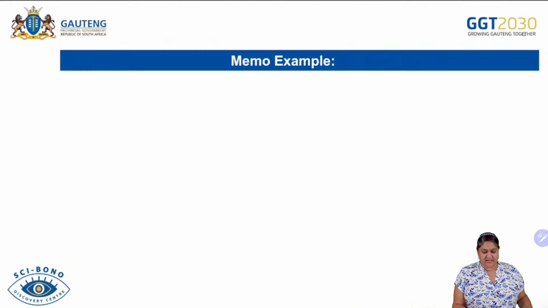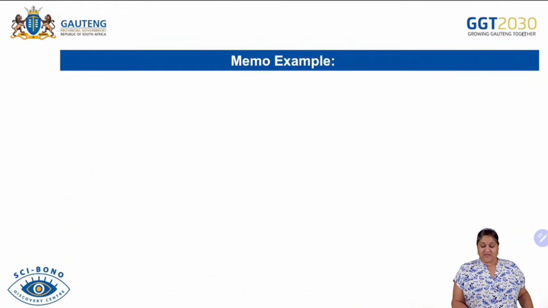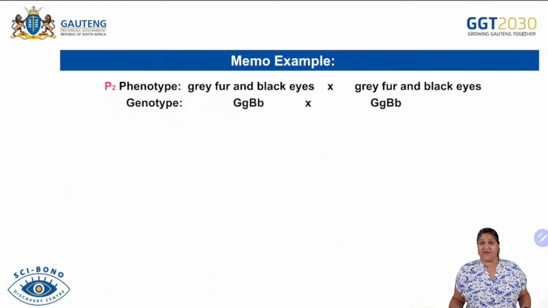Sorry, it's gray fur. It's the capital G, the dominant allele, that is the gray fur. So it will be the gray fur with the black eyes. So both organisms are the same. Both parents will be gray with black eyes. And the genotype, we spoke about it, heterozygous for both traits, capital G, small g, capital B, small b, and those are the parents.